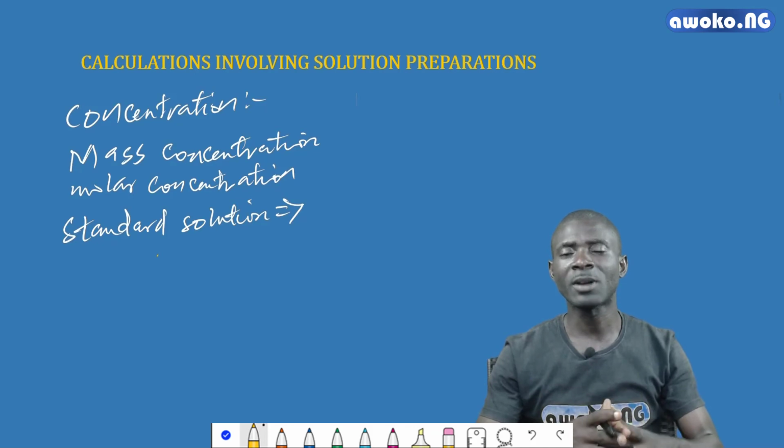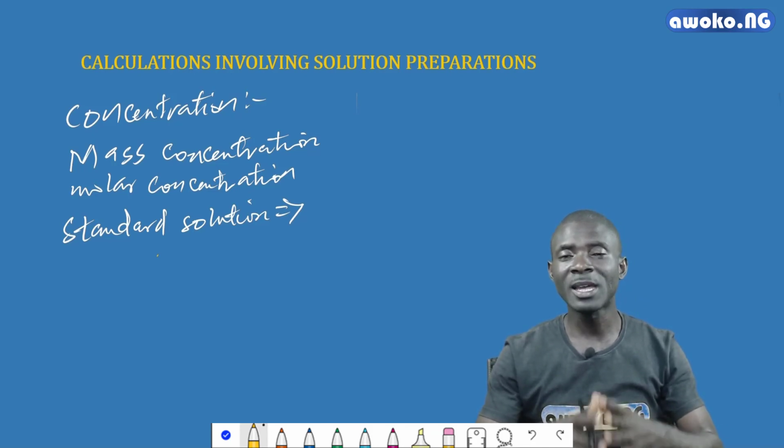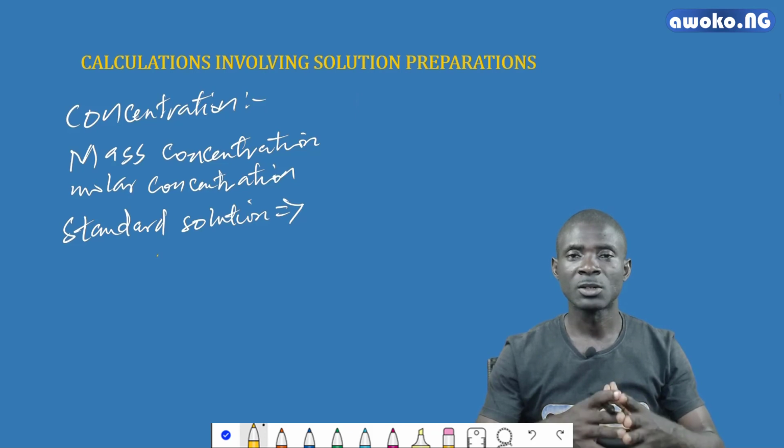If I have 4 grams of sodium hydroxide dissolved in 1000 cm cube of water, that is a standard solution because the concentration is known. That is a particular amount of solute dissolved in a given volume of solvent. So that is what we call a standard solution, a solution of known concentration.